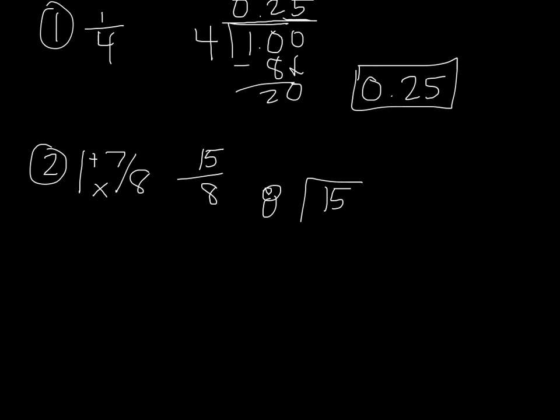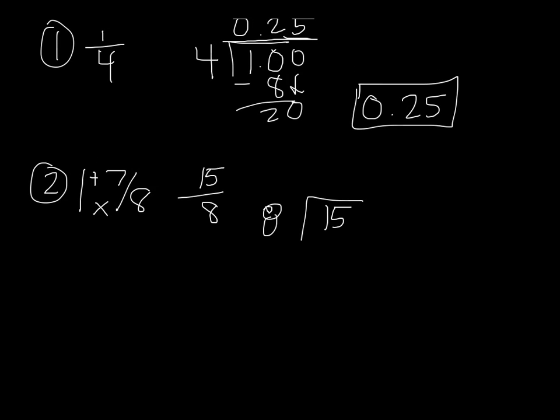For this one, I see that 8 goes into 15 one time. Too bad it wasn't one more, 16, then we'd be easy to go. Okay, so minus 8, I'm left with 7. Add my decimal point, bring up my decimal point so I don't get lost. Bring down my 0, and now I have to ask myself, how many times does 8 go into 70? Well, I know that 8 times 8 is 64, okay? And then I'm left with 6.